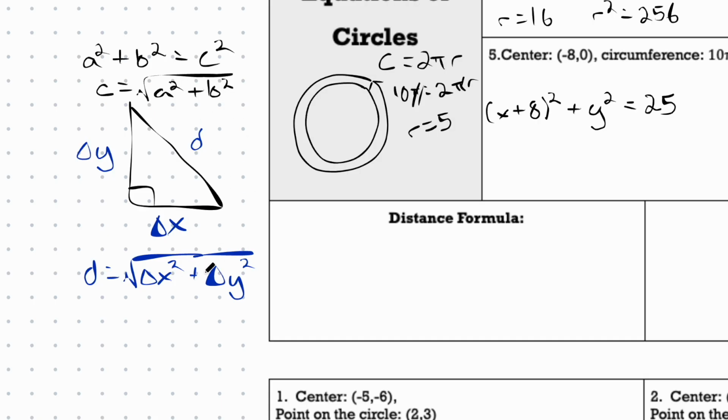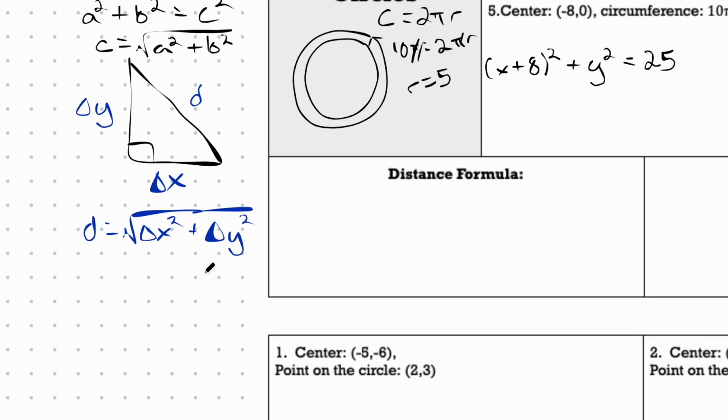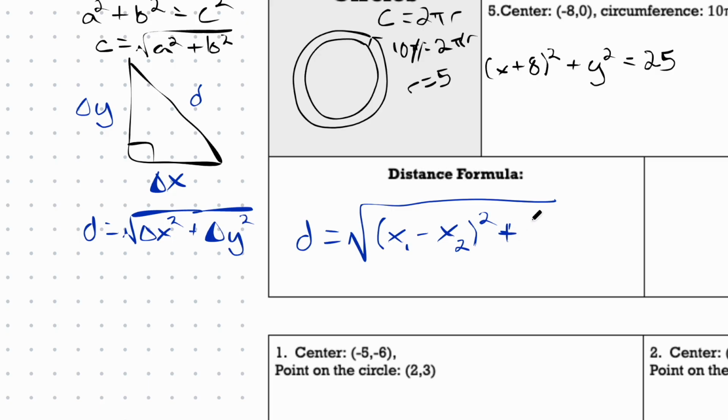And so how do we find the change in X or the change in Y? Well, we're going to pick 2 points. For example, if we have x1 and x2, we're going to have x1 minus x2 squared plus y1 minus y2 squared.